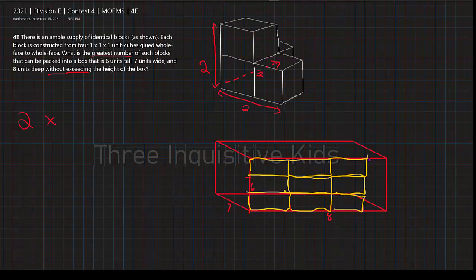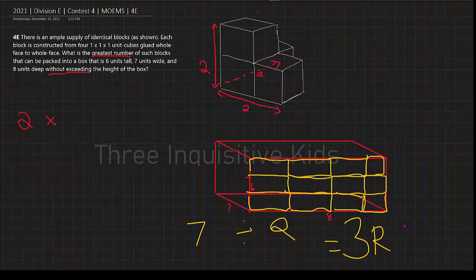So 7 divided by 2, oh wow, this isn't very even, but okay. 7 divided by 2 equals 3 with a remainder of 1. What happens to that one space? Can we just squash some of these blocks down and fit it up? No, we can't. This has to maintain its shape, and this can't fit into an alley of just one space.